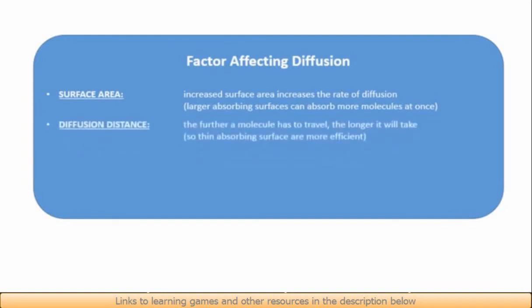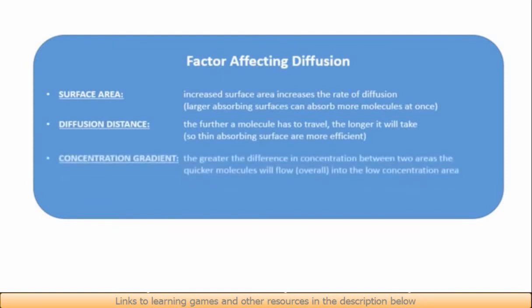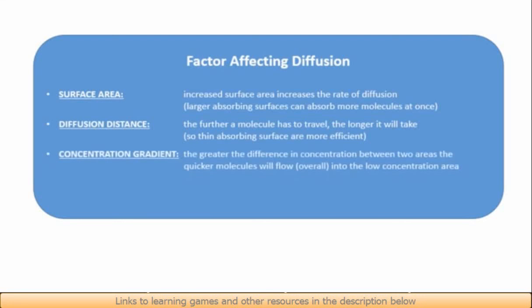Diffusion distance. The further the molecules need to travel, the longer it will take, and so the lower the rate of diffusion. Concentration gradient. The larger the difference in concentration between where the molecules are coming from and where they're going to, the quicker the rate of diffusion.